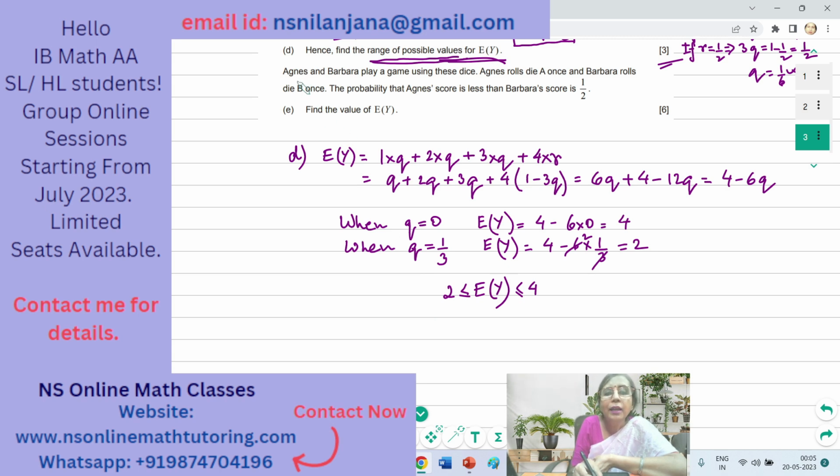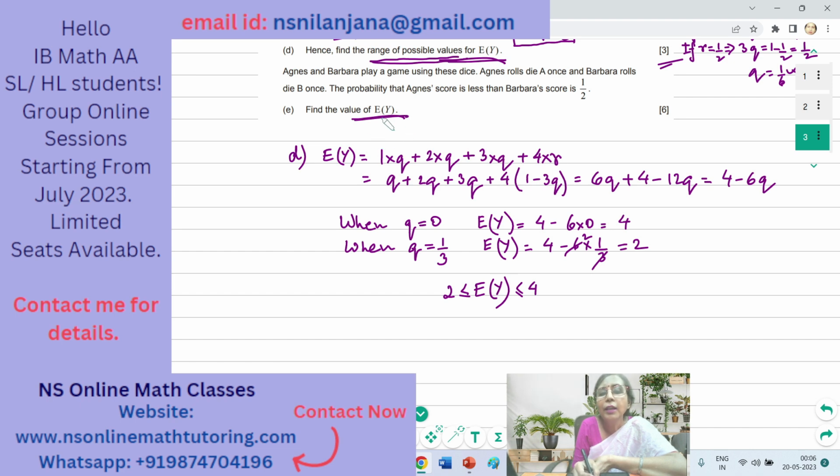Then they are saying Agnes and Barbara play a game using these dice. Agnes rolls dice A once and Barbara rolls dice B once. Probability that Agnes' score is less than Barbara's score is half. So part E, find the value of EY.